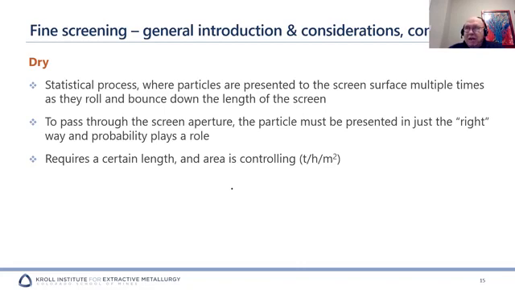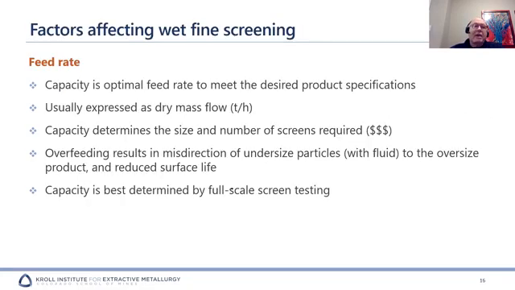We don't want to dry it because it's expensive to re-dry. What is the feed rate? It affects the efficiency of the screen, the capacity of the screens. You have to buy more screens, that's more dollars.